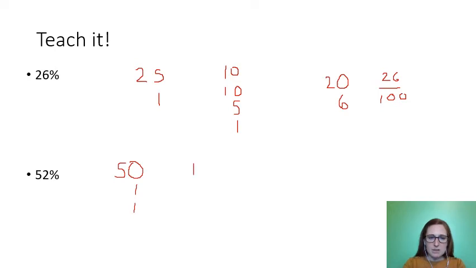You might want to find 5 lots of 10%, I think this possibly takes longer to write than it does to work out, and 2 lots of 1%. It's completely up to you. Or again, you might want to think about it as 52 over 100 and divide the number by 100 and then multiply by 52.